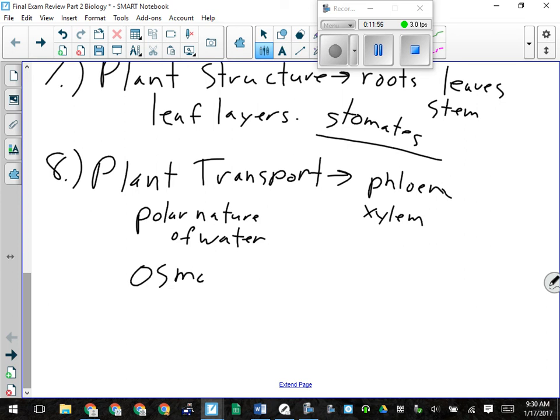Remember, it's that evaporation of water from the leaves that causes the concentration of salt in the spongy layer to increase, which draws water out of the xylem, which draws water up from the roots because they're all connected by hydrogen bonds, cohesion and adhesion down the xylem. That's what creates that pulling action that can bring water up to the top of the tree or plant or whatever. Certainly something we spent a lot of time on. We did a lab on it. So it's probably something that would be worth some marks in both sections, but again, probably more in the written.